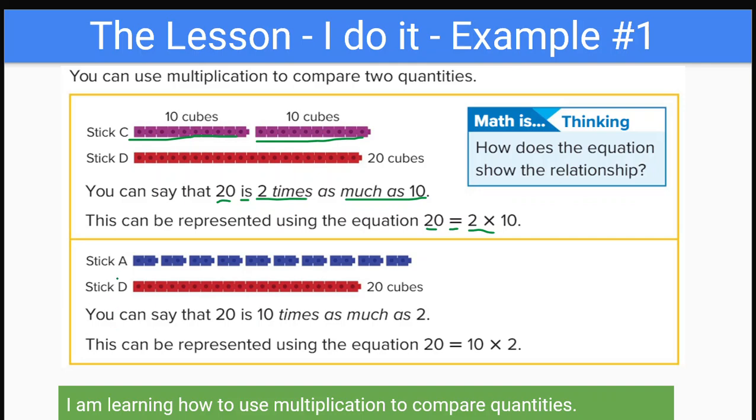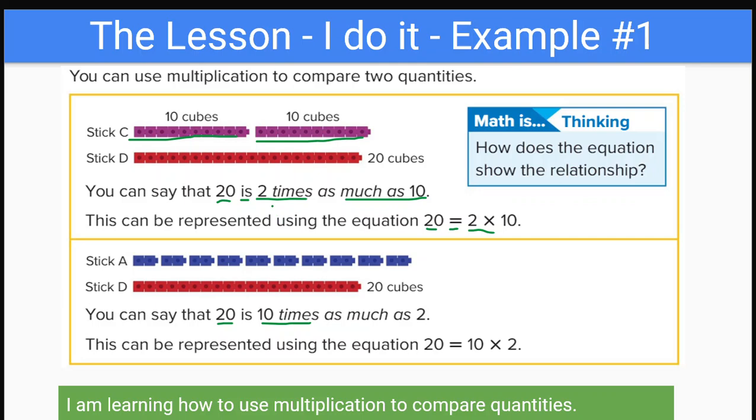All right, now down here there's the opposite right here, okay? And they have stick A and stick D. Well, each one of the A sticks is worth 2. And let's see how many there are. There's 1, 2, 3, 4, 5, 6, 7, 8, 9, 10. There's 10 of those. Okay, now this equals the same as stick D also, which is 20, but they're doing it in a different way. You can say that 20, okay, the red part, is 10 times.